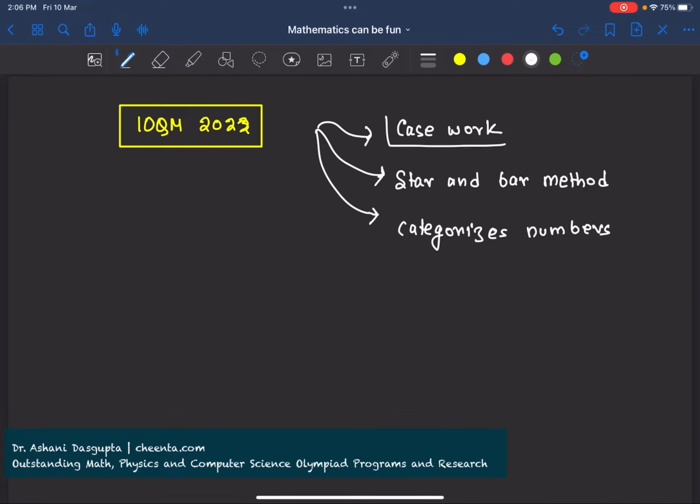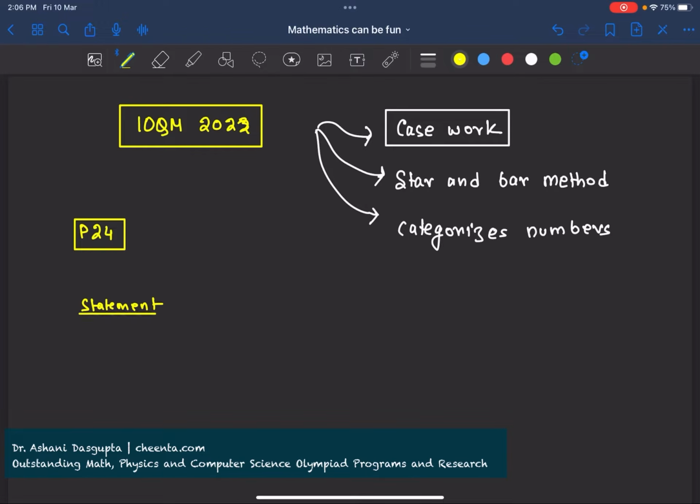So let's do all of these together, and we will learn all of these using this problem number 24 from IOQM 2022. So here is the statement of the problem.